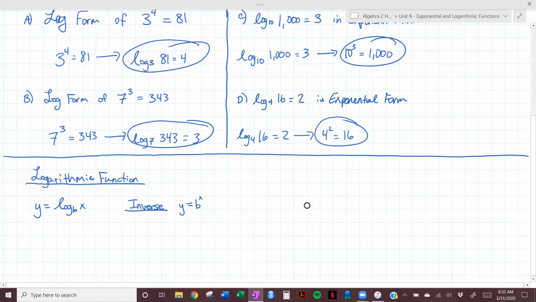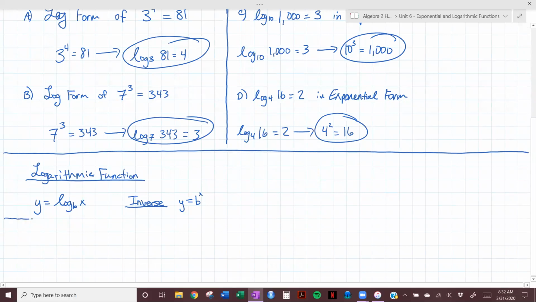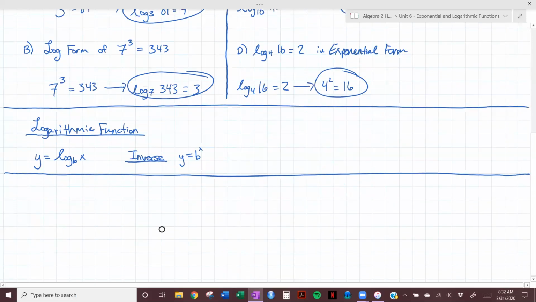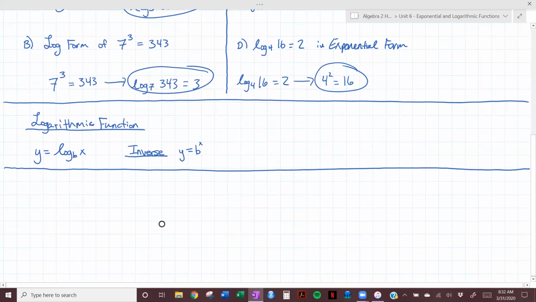So now let's try and figure out some answers here. We want to find the value, so you want to solve. For letter A, we have log base 5 of 125.